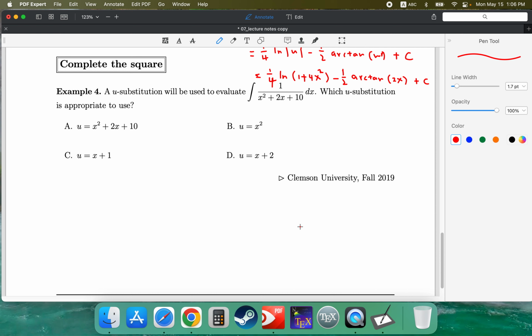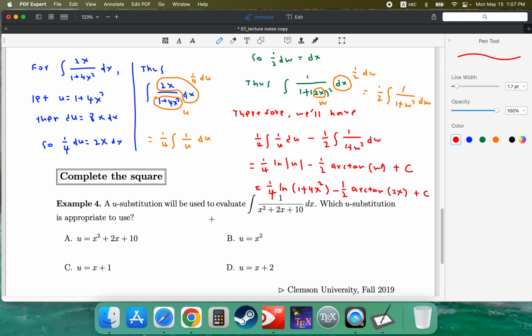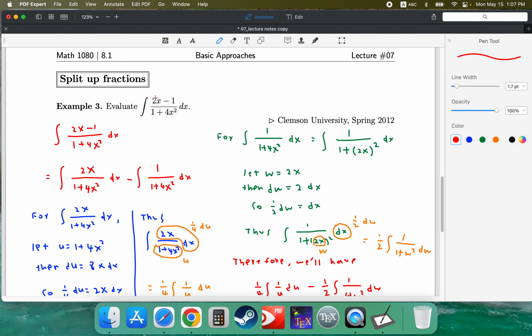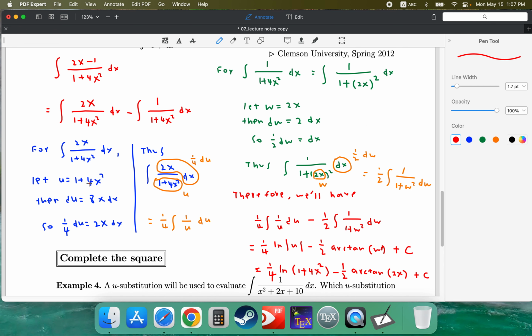Now you can see that this problem is kind of related to the previous one. But you might be wondering, I know I have to split up fractions, but there's nothing to split up. That's true, but what I'm talking about is the u sub we're using here for the blue part and for the green part.